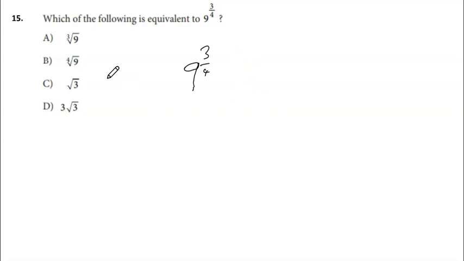So what I would do, there are a lot of ways people may approach this, but what I would do, I will rewrite this as 9 raised to the power 1/4 times 9 raised to the power 1 over 4 times 9 raised to the power 1 over 4.